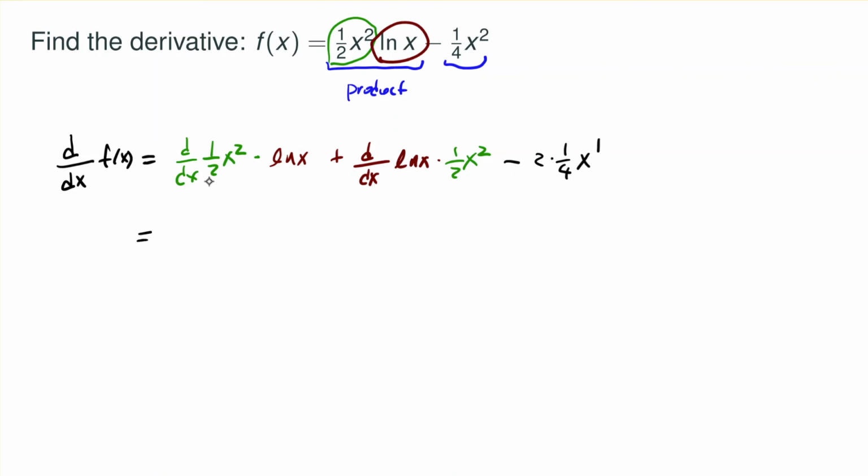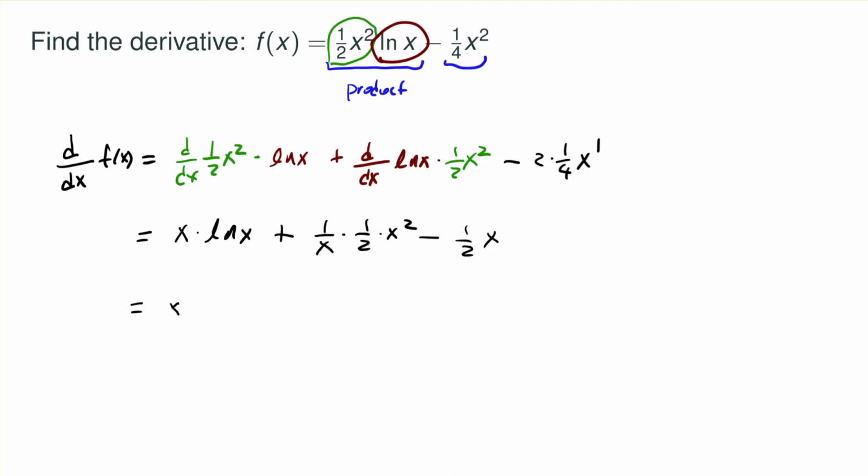So let's take the derivative here. This one will be just x, because 2 times half gives me 1, and 2 minus 1 is 1 power, times ln x, plus the derivative of natural log of x is 1 over x, times 1 over 2 times x squared, minus, this gives me 1 over 2x.